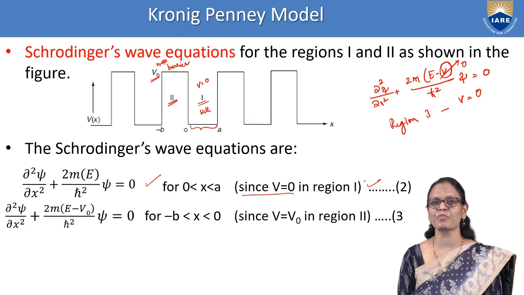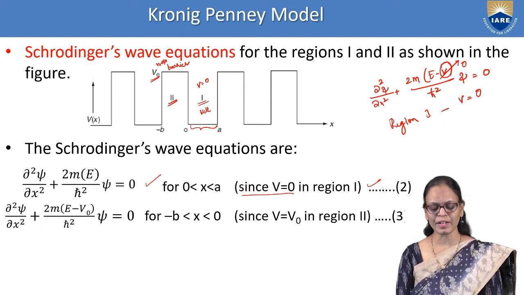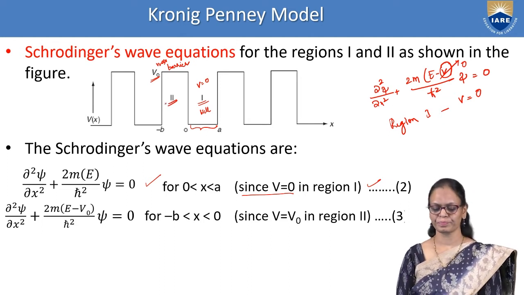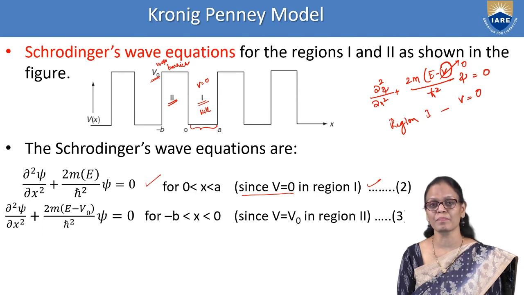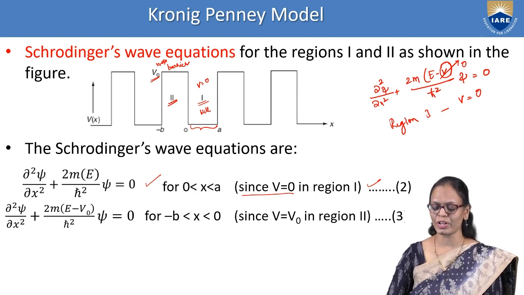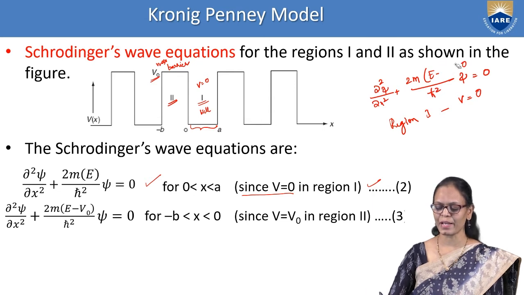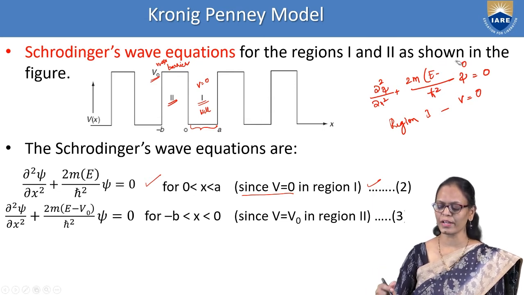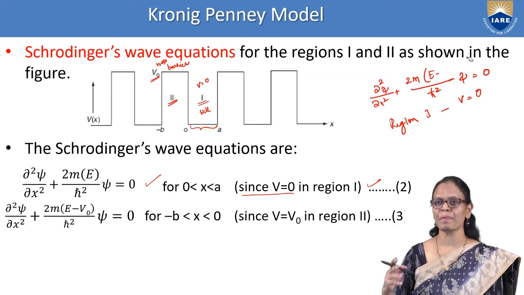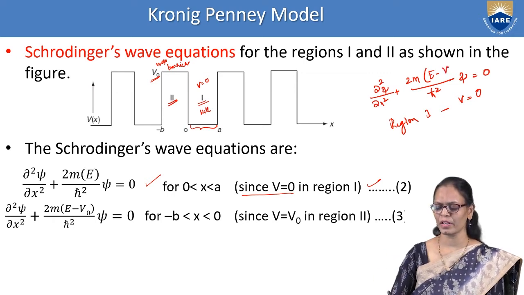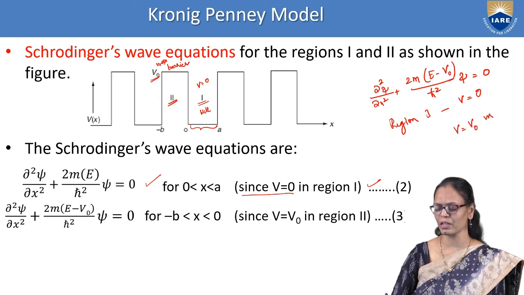Now how do we put it for region 2? In region 2 it is maximum. V is equal to V naught. So in place of V, we are going to put V naught, because V is equal to V naught in region 2.